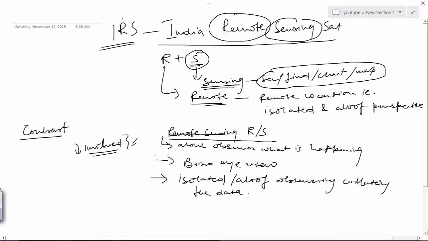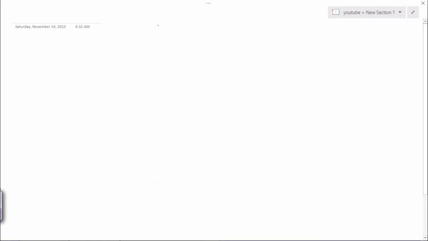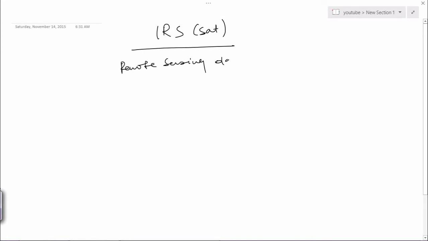Right. So in that sense, what does an IRS satellite do? It does the same. That is, it provides remote sensing data to Earth, right? And hence it is also called a space-based Earth observation system.